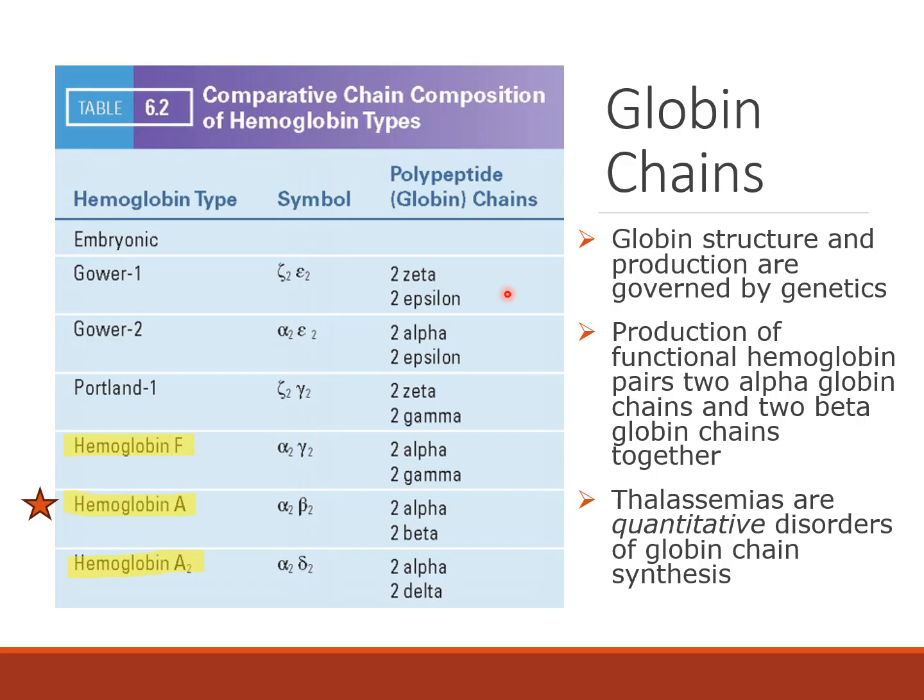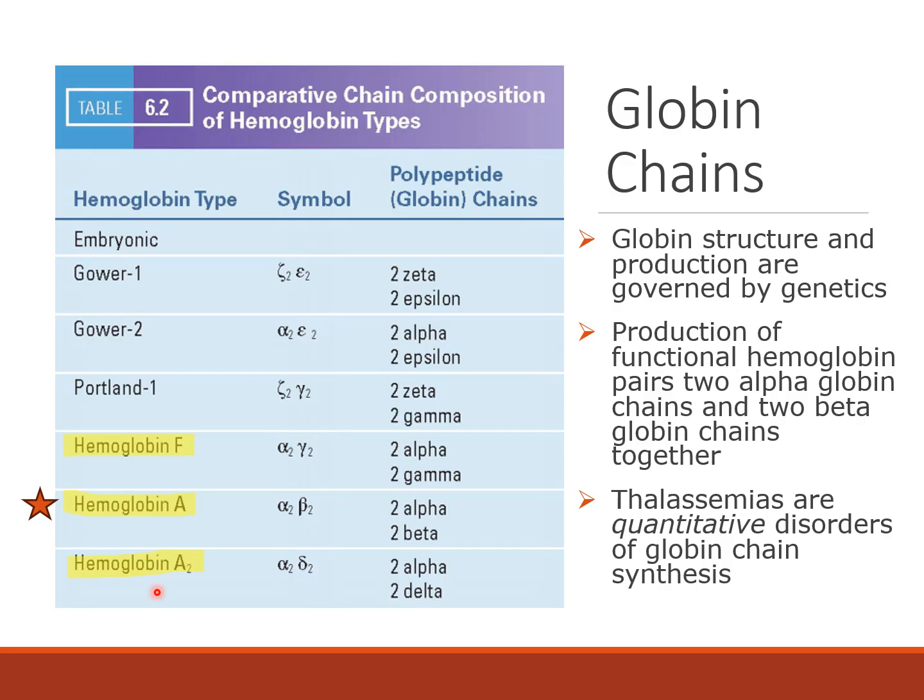We'll talk more about those. I have this little red star next to hemoglobin A because this is our normal hemoglobin. It is 2 alpha and 2 beta chains, just like you learned about in biochemistry. And then we have hemoglobin A2, which is a variant, and this is going to be comprised of 2 alpha chains and 2 delta globin chains.